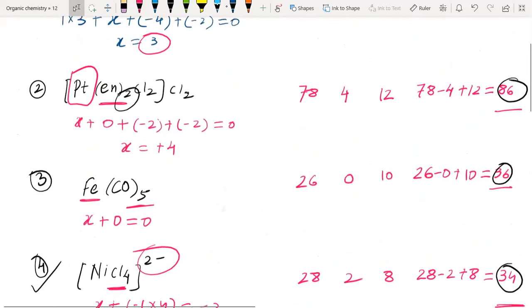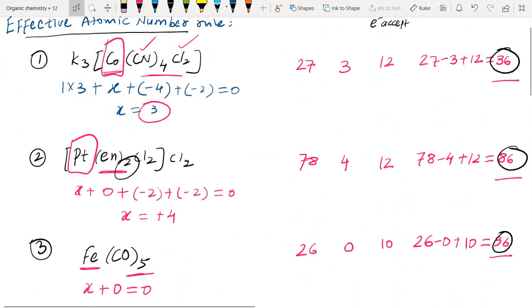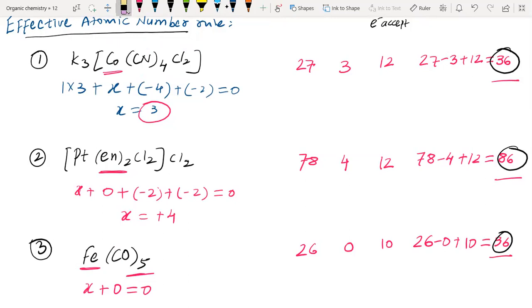Here one very important thing is how to calculate the number of electrons accepted. For that, you should know the coordination number, and calculating it is easy. If monodentate ligands are there, as you see in number 1, it becomes very easy.